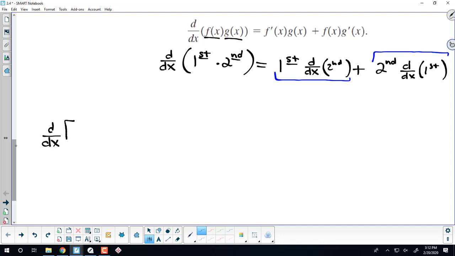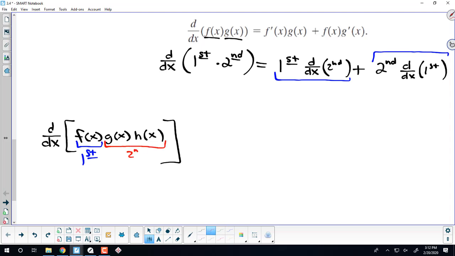But if we have the derivative of f of x times g of x times h of x, you have to think of a first and a second. It doesn't matter which ones you call first and second, but you do have to think of just a first and a second term. So perhaps when we take the derivative of this, we would say that's the first, and this is the second. The thing is when you take the derivative of the second, you then have another product rule you have to use.